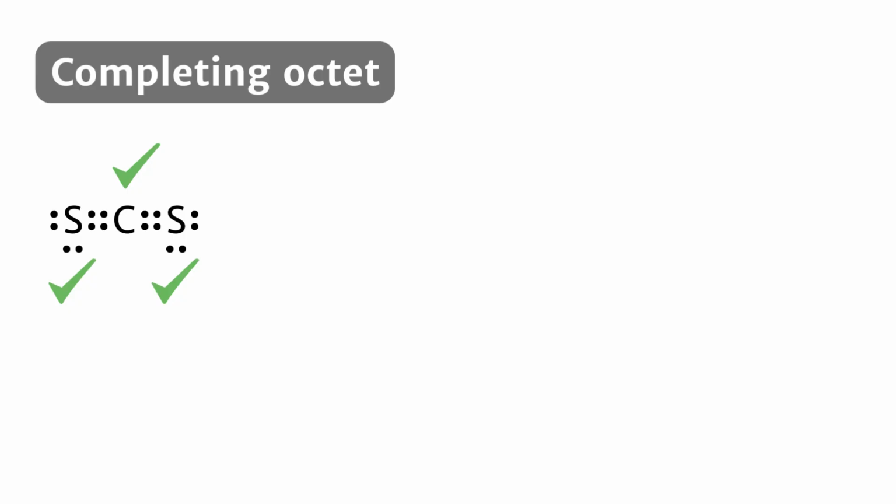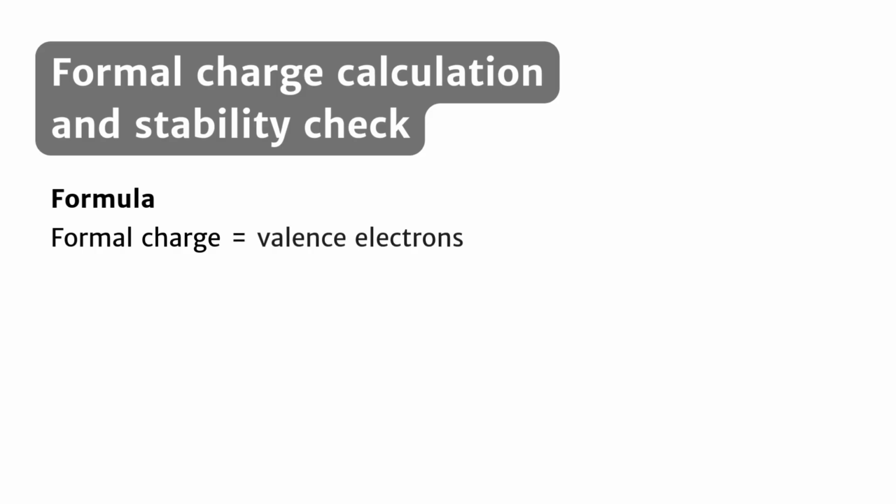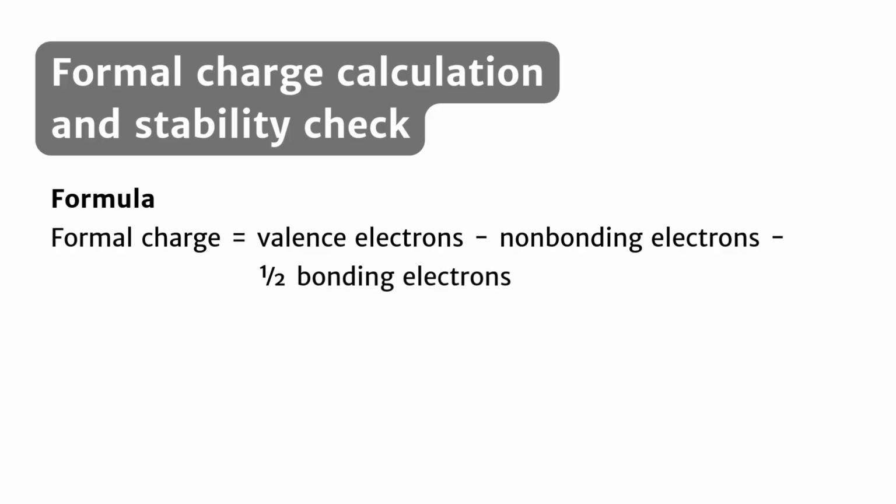Next, we'll calculate the formal charges of the atoms to evaluate the stability of the structure. This is the formula we can use to calculate formal charges for the CS2 Lewis structure. Formal charge equals valence electrons minus non-bonding electrons minus half times bonding electrons.